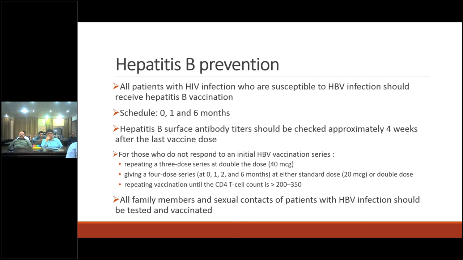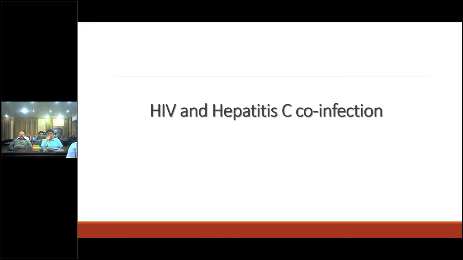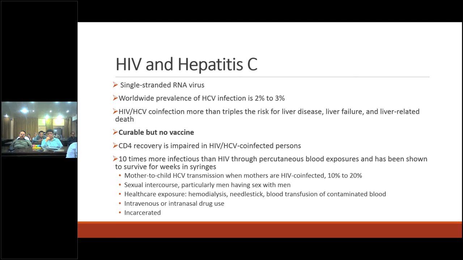If the tenofovir cannot be used because the person has a contraindication due to renal disease, then an alternative would be to use a medication called entecavir that is very effective against hepatitis B and can be dosed on patients with renal disease.